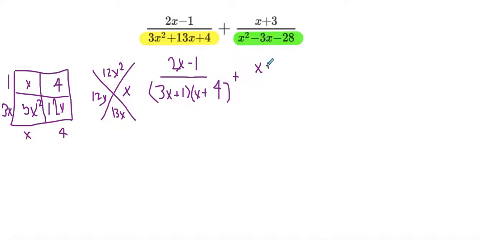I now want to factor x squared minus 3x minus 28. To save some time, I'm going to just go ahead and write this as a factor, which is x plus 4 times x minus 7.